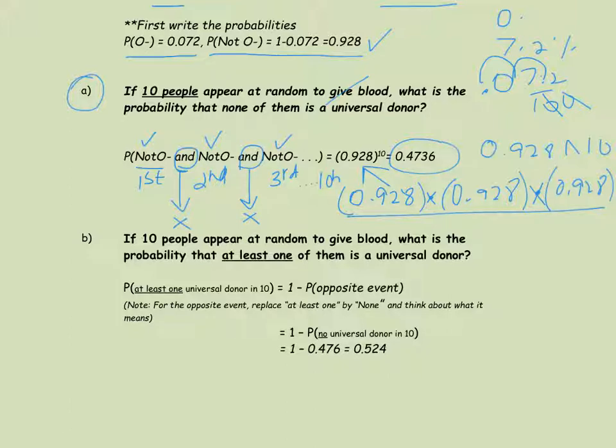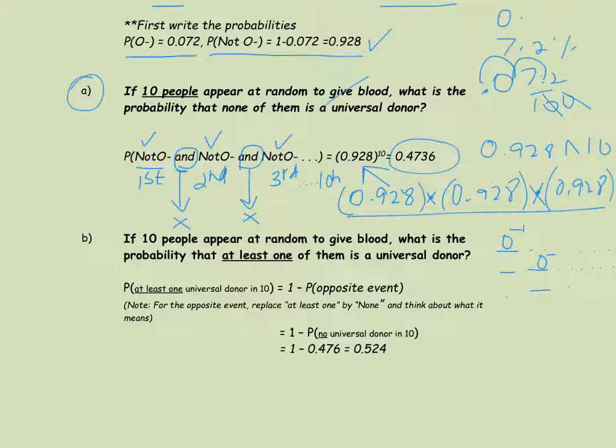Now the next question says, if 10 people appear at random to give blood, what is the probability that at least one of them is a universal donor? Now, when we say at least one of them is a universal donor, the list is long. Out of the 10 people, the first could be a universal donor and the rest are not. Or the second could be, and the rest are not.